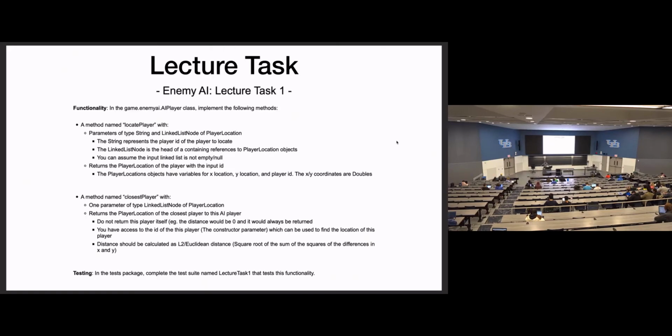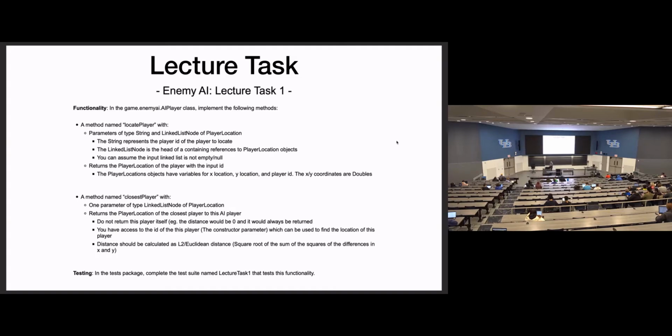So stacks and queues. And we're on our first Enemy AI lecture task. Monday had no lecture tasks, but today this is our lecture task number 1. It's all about linked lists. I won't go through the details of these, but we're going to have a linked list of player locations in our game. And we want a way to be able to identify the location of a particular user by navigating that list and then finding that user.